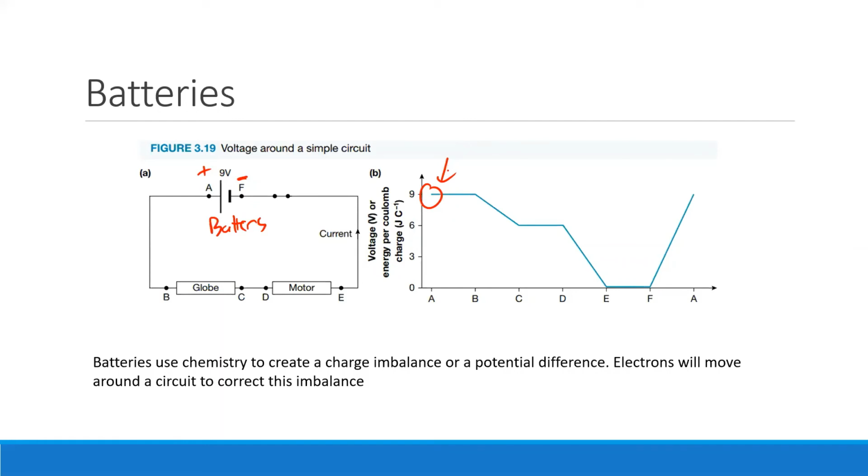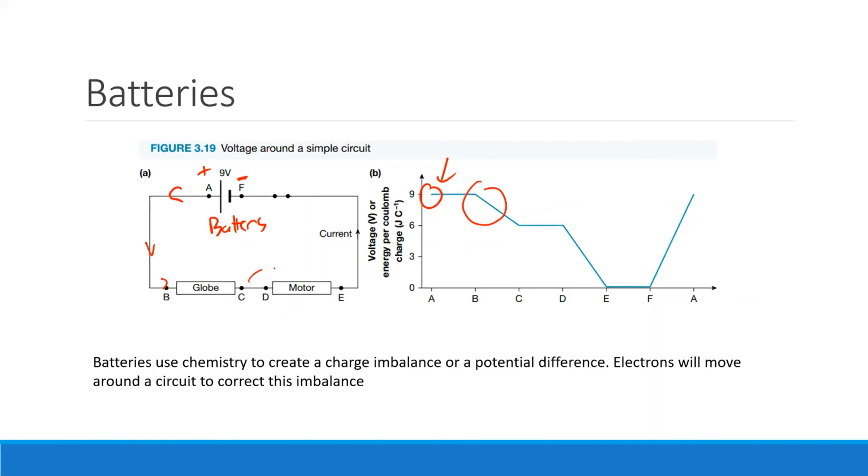So if you look at the battery, if you start at A, on this graph it says this is the voltage, or energy per coulomb. So at A, the current has a lot of energy because it wants to get back around to this side. As it moves through B, it will lose some of the energy because it's a globe.